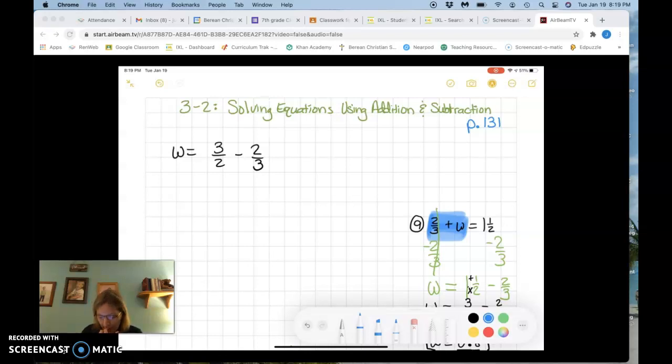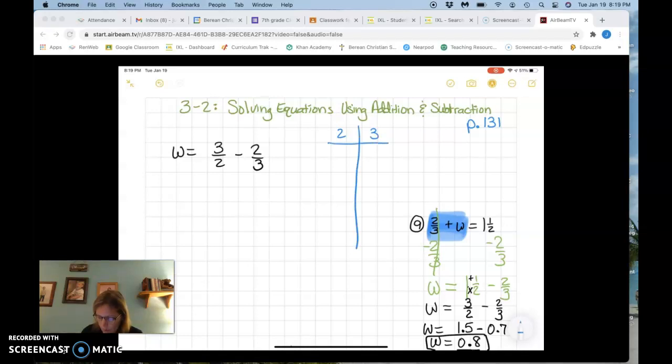Now if you remember doing this from last year, we made this little chart until we could find the common denominator. So 2 times 2 is 4, 2 times 3 is 6, 2 times 4 is 8, 2 times 5 is 10.